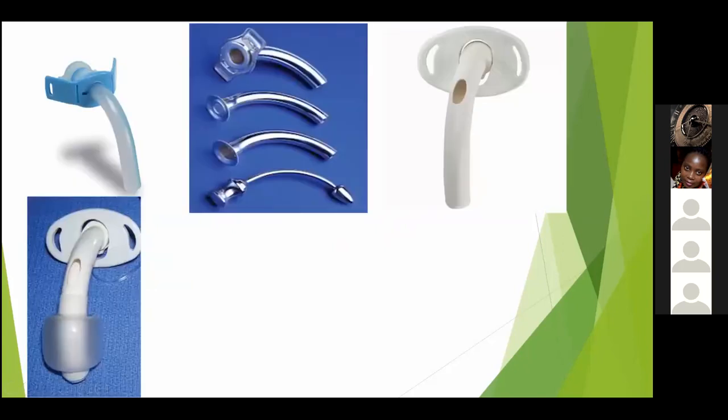We talked about the double lumen. It's just about these different tubes having an inner cannula and an external cannula. For this one, you see it has an obturator. It has only one, so there's nothing else you take out.